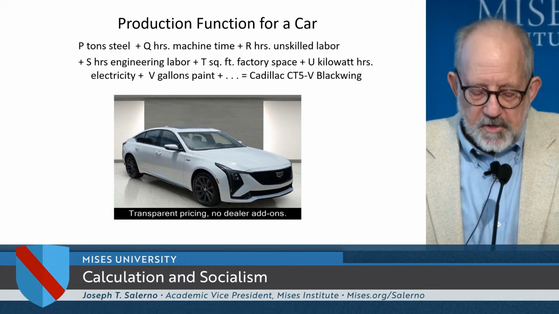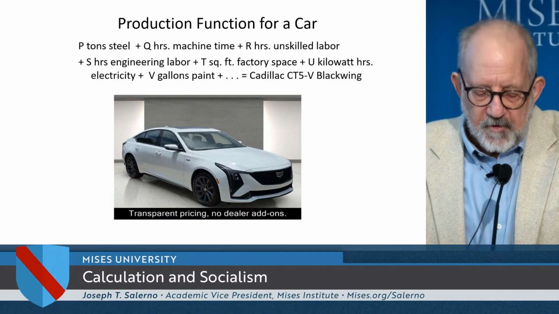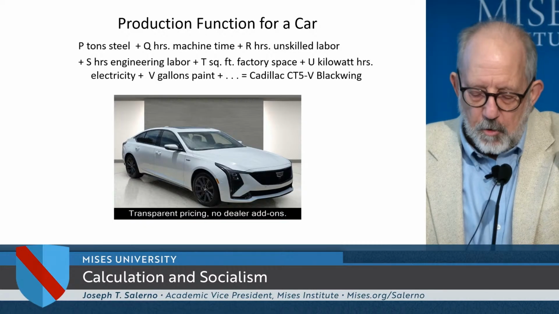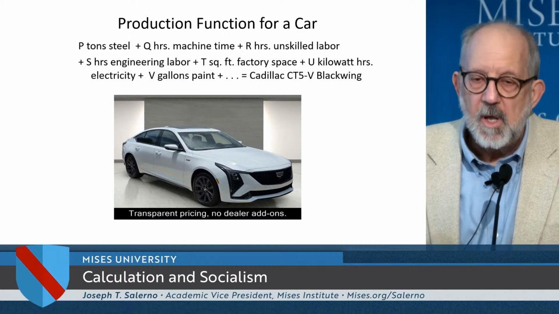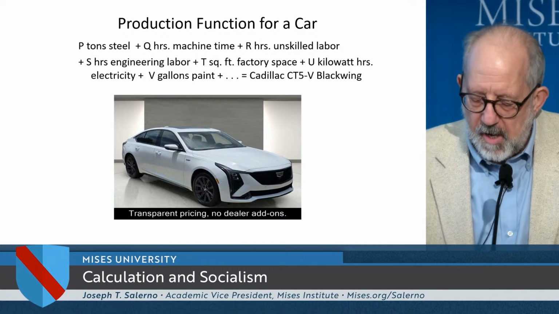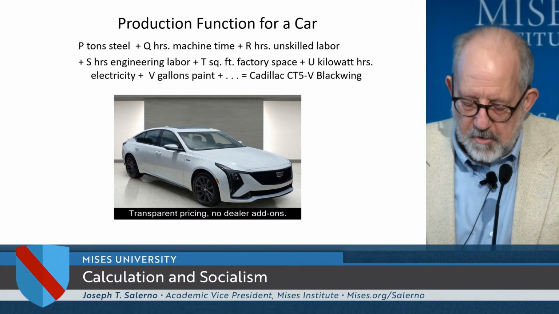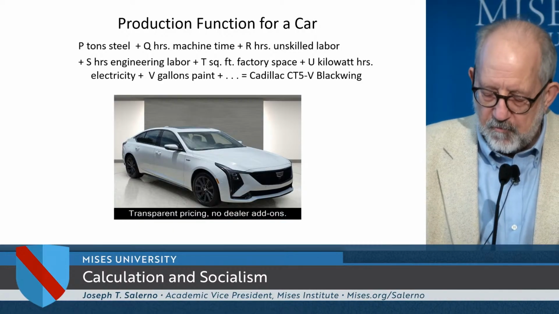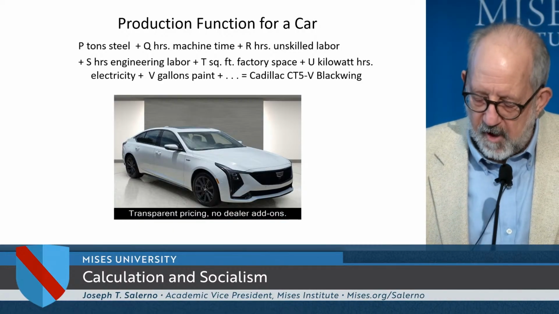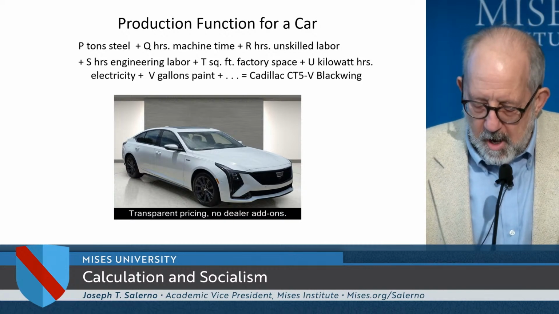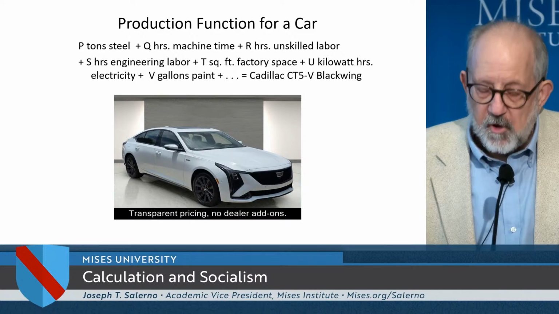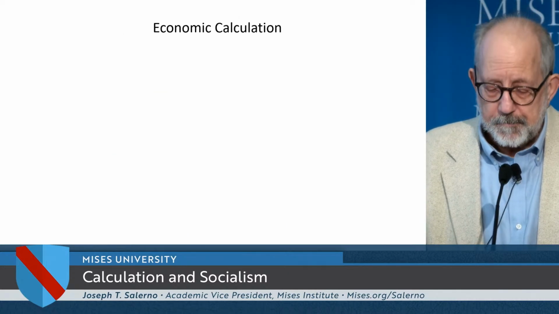So you would know that this car would need a specific amount of steel, P tons of steel, Q hours of machine time, a certain number of hours of unskilled labor, a certain amount of engineering labor and factory space and so on, and you come out with this car, which is a beautiful car. It's a Cadillac CT5 Blackwing, which I've been looking at, but it's way out of my price range. But anyway, you would know how to build it.